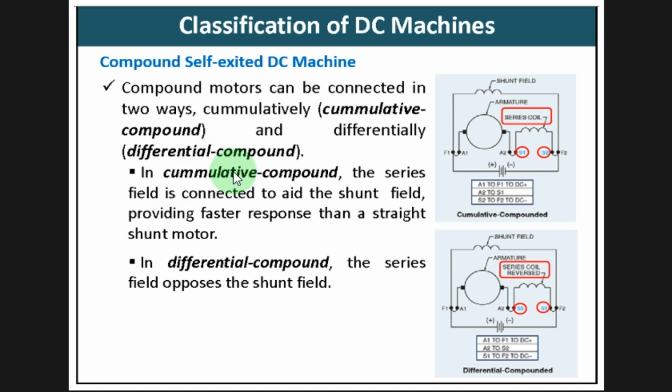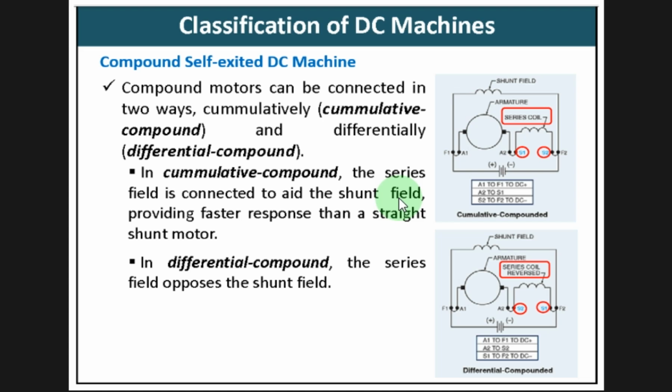In a cumulative compound, the series field is connected to aid the shunt field. That means they are adding together. The magnetic fields created by the series field coil and the shunt field coil add together, so it is called cumulative compound.